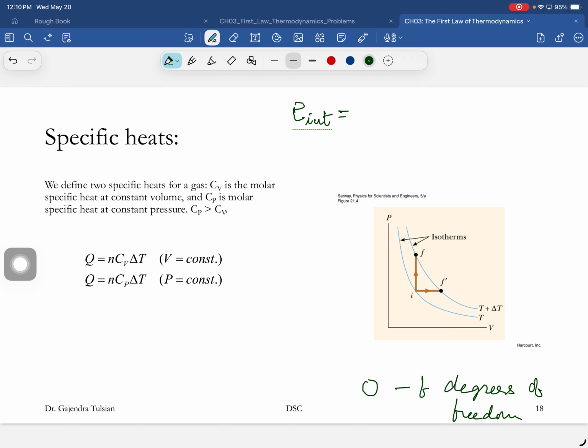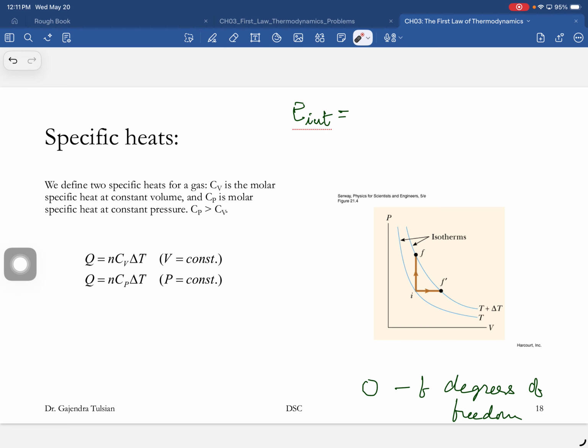For an infinitely complex gas molecule, F would be infinity, and this ratio will tend towards 1. So the more complex a gas is, gamma tends towards 1. The least complex you can have is a monoatomic gas, where F is 3 and gamma is 5/3, which is 1.67. So gamma goes from 1.67 and tends towards 1 the more complex the gas is.